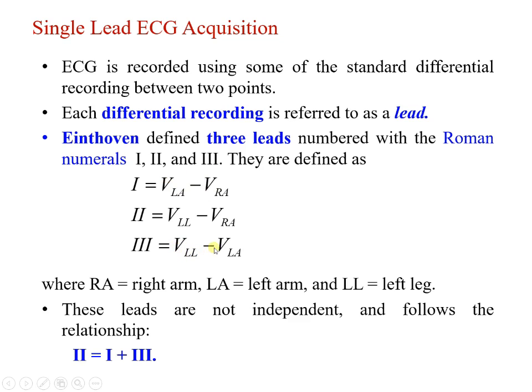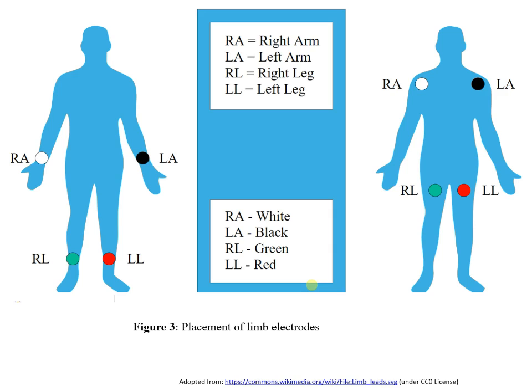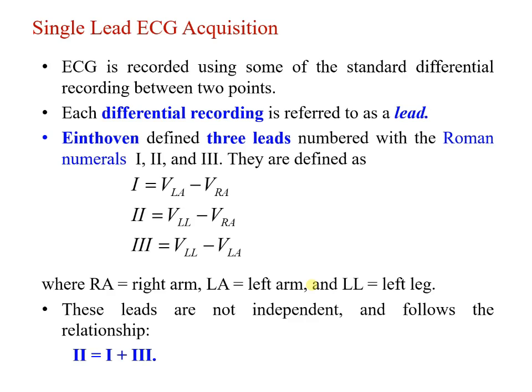Here VLA gets cancelled and what remains is VLL minus VRA, which is the value of lead 2. And your right leg acts as your reference point. So the single lead system consists of 4 electrodes, and you get 3 measurements, that is lead 1, lead 2 and lead 3.